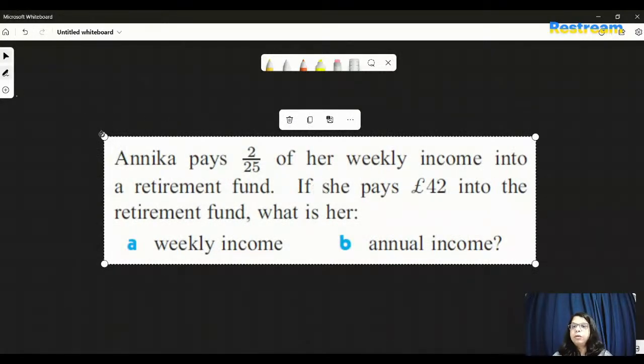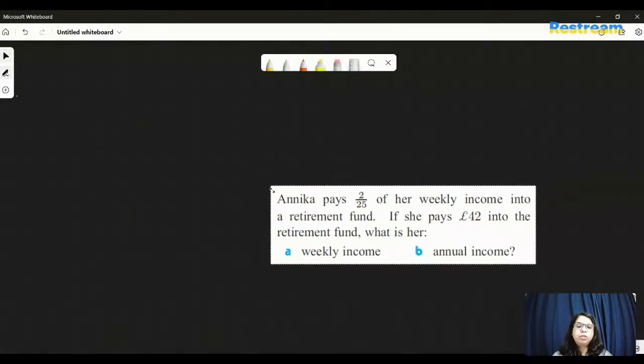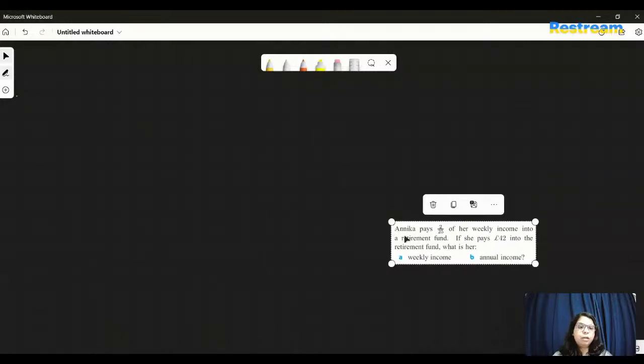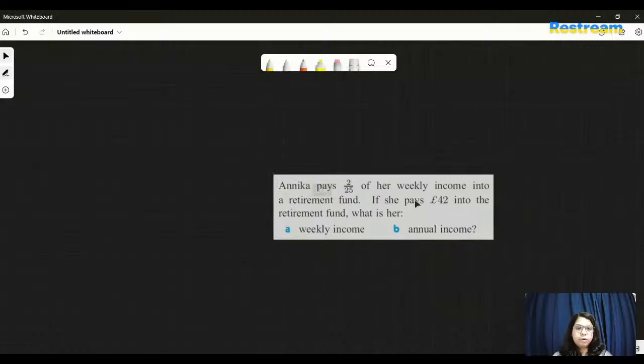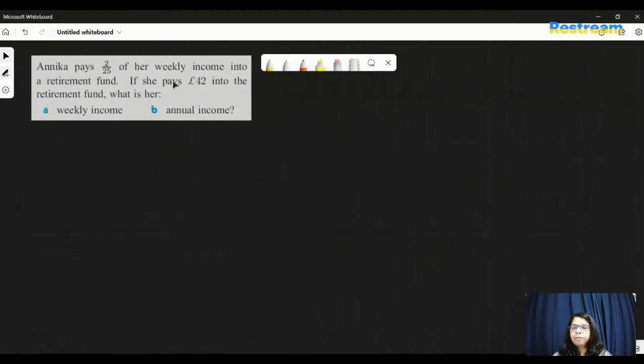This is my question. Anika pays 2/5 of her weekly income into a retirement fund. So again, we are going to say 2/5 of her weekly income.